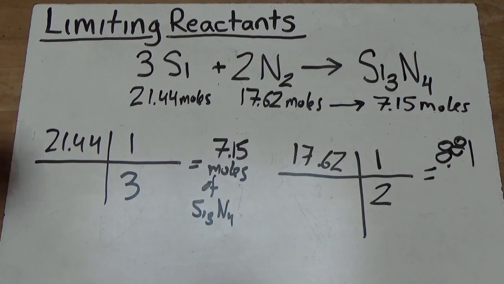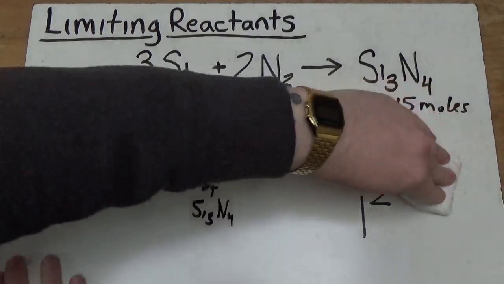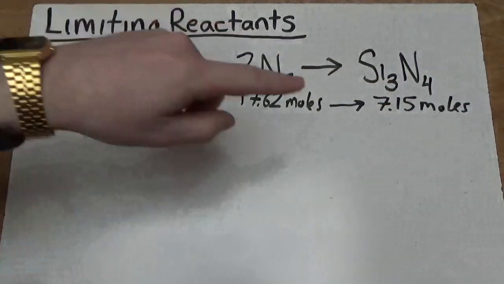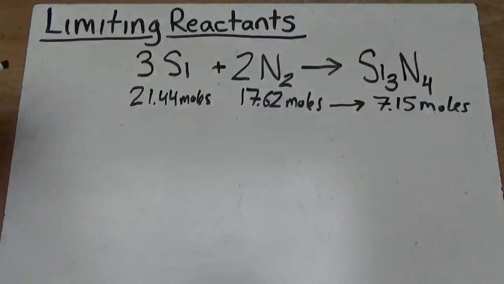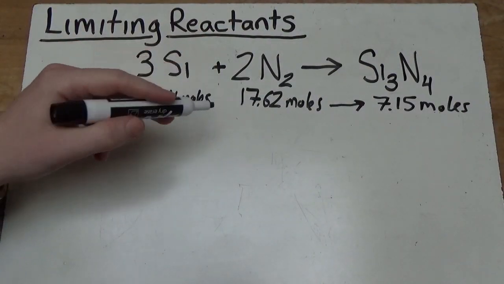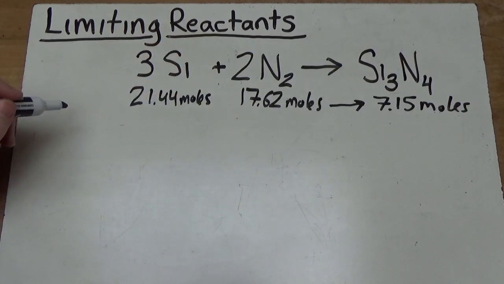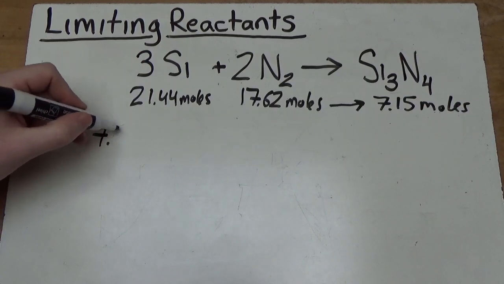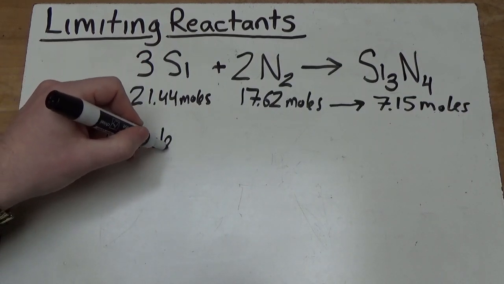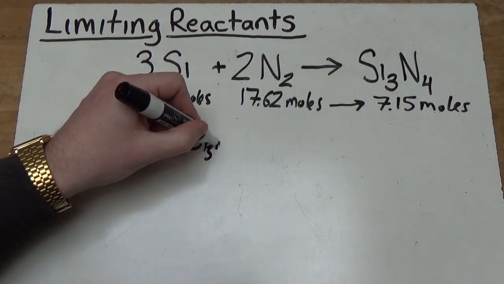For the second part of this problem, we can figure out that we produced 7.15 moles of silicon nitride. Now, how much of my 17.62 moles of nitrogen is left? To think about that, we just have to go backwards. I have 7.15 moles of Si3N4.